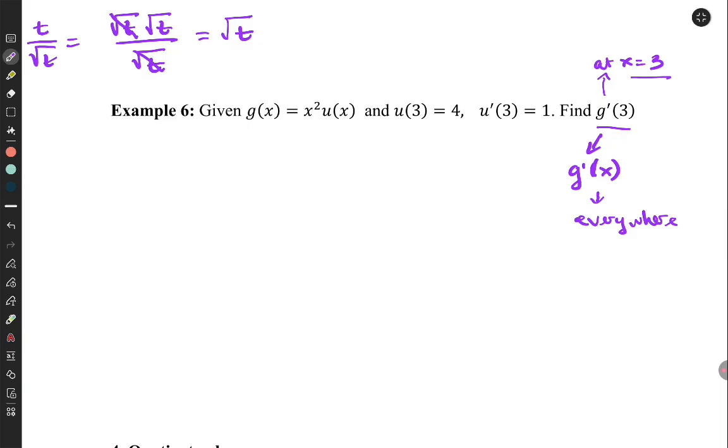So to find the slope of the tangent line at 3, you need to find the derivative everywhere first. That is what we're going to go for.